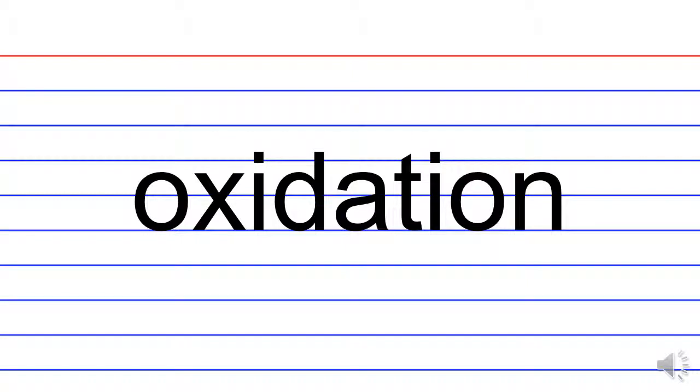So the more bonds carbon gains to a more electronegative species, so you have this, and you go to this, that's oxidation. Or if you have this, then you go to this, have like a nitrile, that's oxidation. Okay?